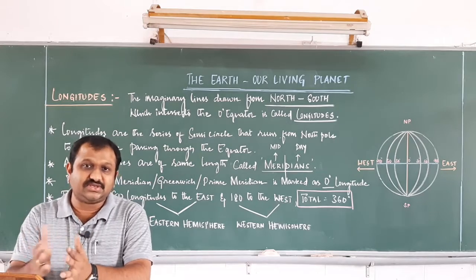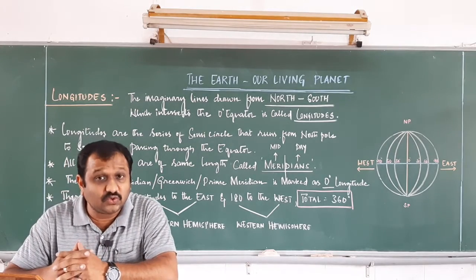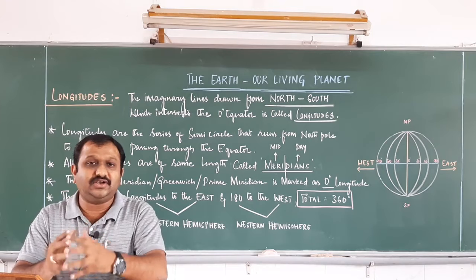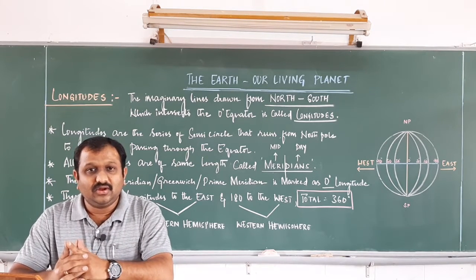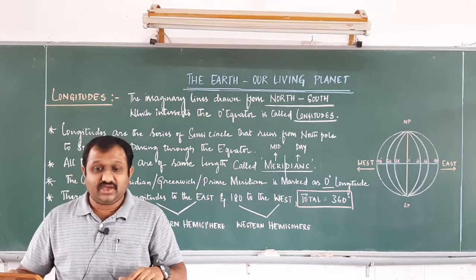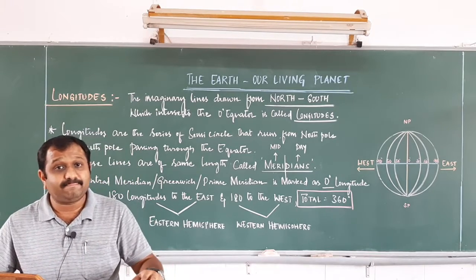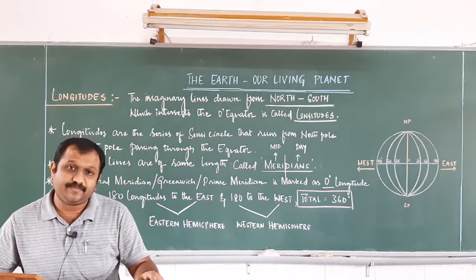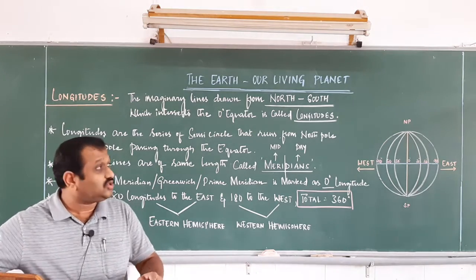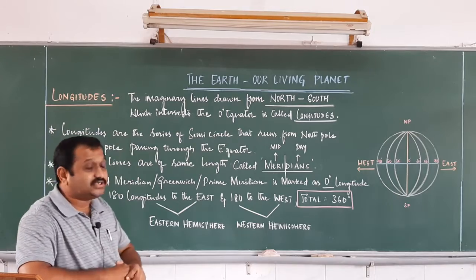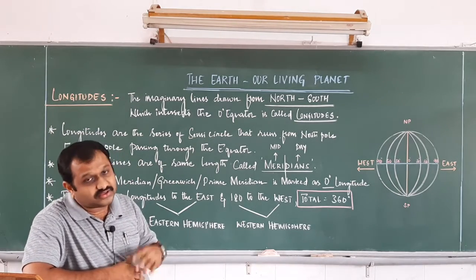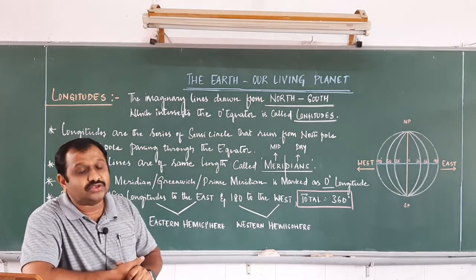For all these uses, we have demarcated these imaginary lines. Longitudes are imaginary lines that are drawn on the globe from north to south direction, which intersect the 0-degree equator. So this is what we call longitudes.